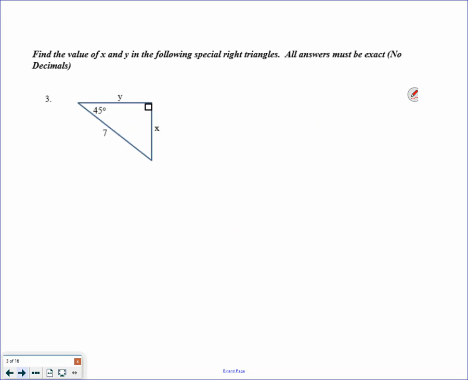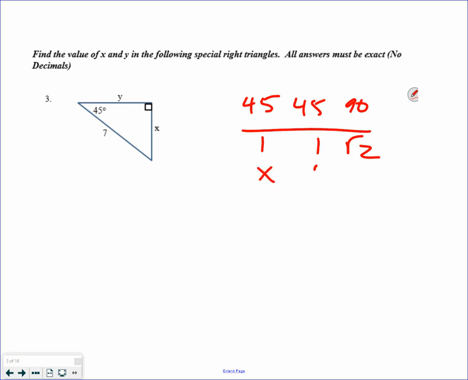Another 45, 45, 90. So we end up getting 1, 1, square root of 2. Opposite of one 45 is x, opposite of the other 45 is y, and the hypotenuse is 7. So we end up getting 1 over x equals square root of 2 over 7.